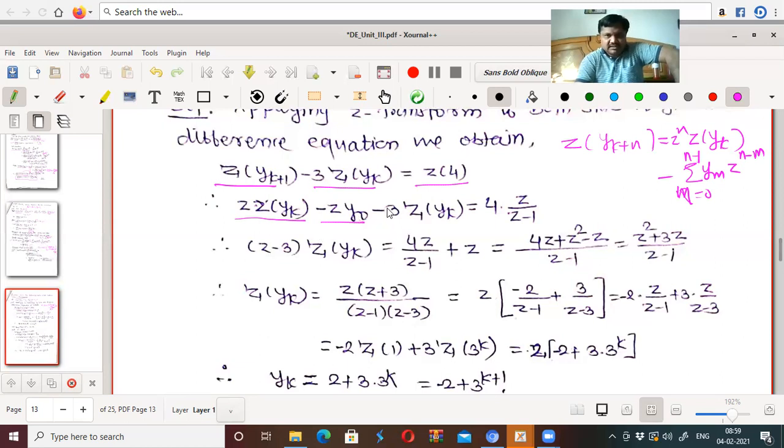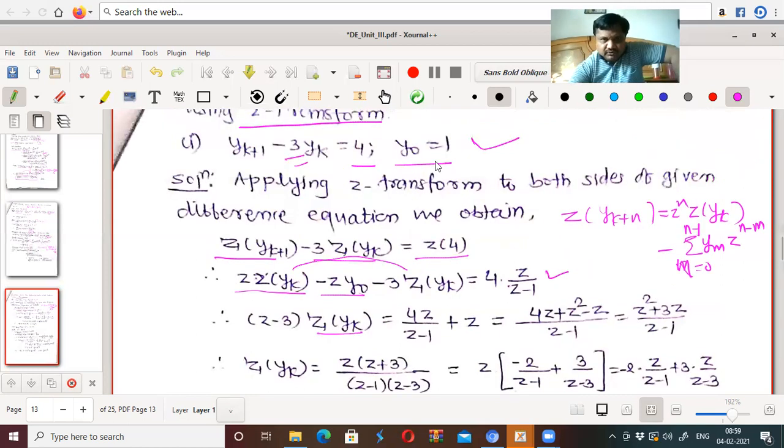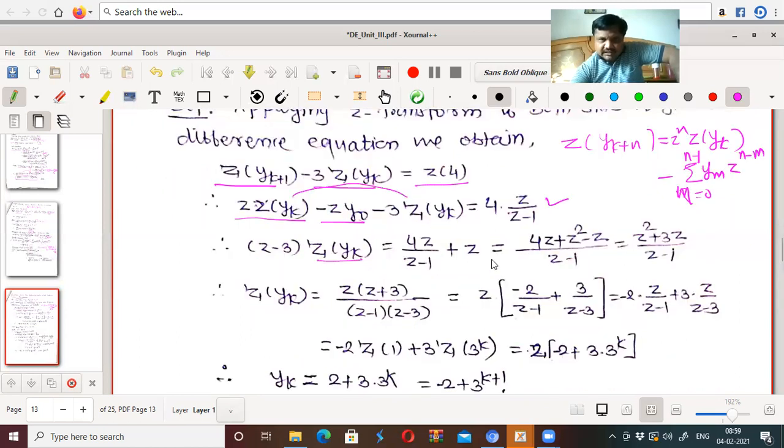Minus 3 times Z of yk equal to 4 times, so 4 is as it is, z transform of 1 is z upon z minus 1. Now, z minus 3 into z transform of yk minus z into y0. This minus z into y0, and y0 is given to you, y0 is 1, so minus z. Now this minus z goes to the right hand side.